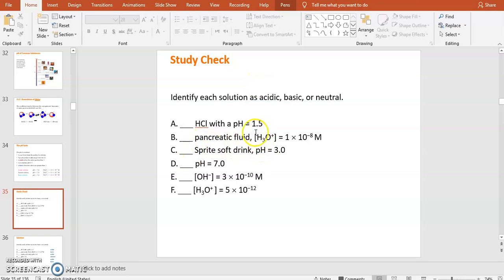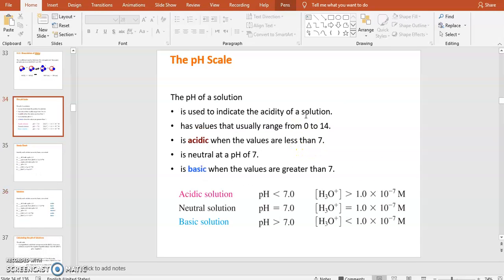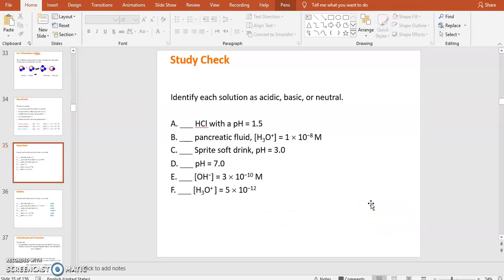Pancreatic fluid, the concentration of the hydronium ion is 1 times 10 to the power of minus 8, which is higher than 10 to the power of minus 7. Then we have a basic solution. pH is equal 3. Then we have an acidic solution.